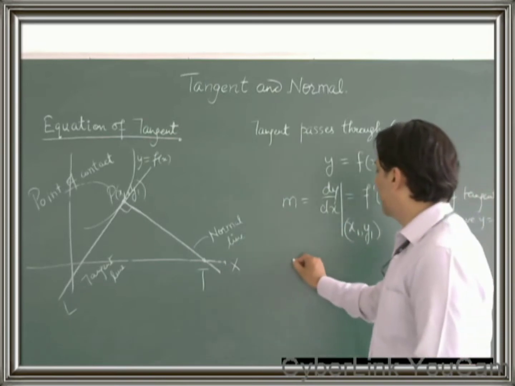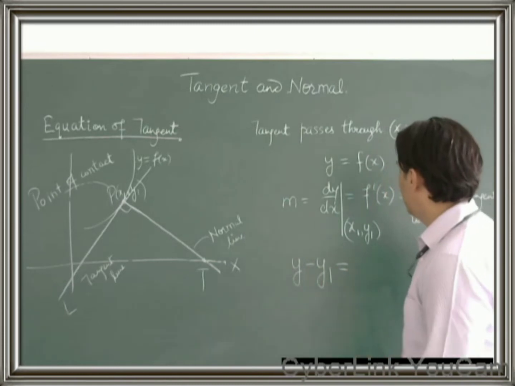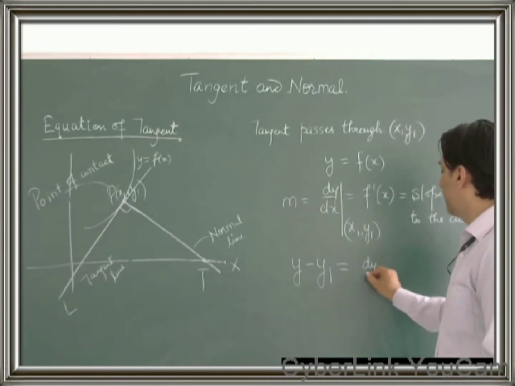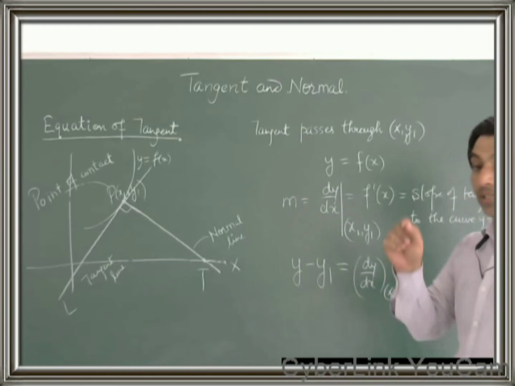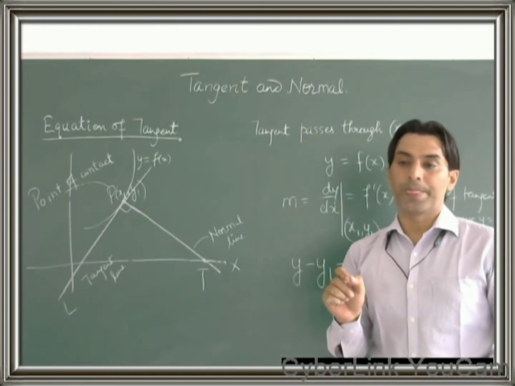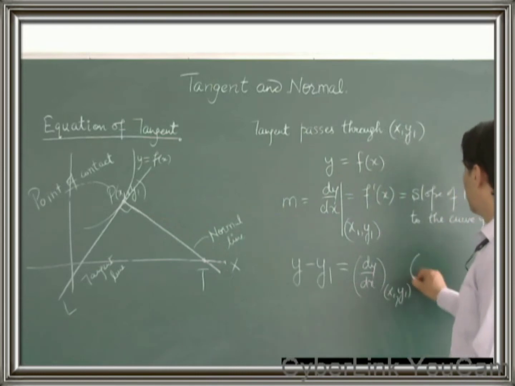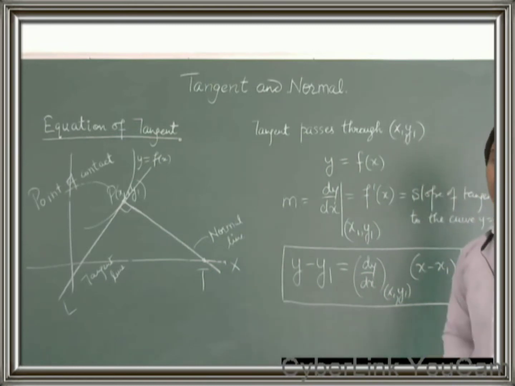Now you can easily find the equation of the tangent line: y minus y1, in place of m, I will substitute this dy by dx at the point x1, y1. We will find a specific slope at a point, into x minus x1. So this is known as your equation of the tangent line.